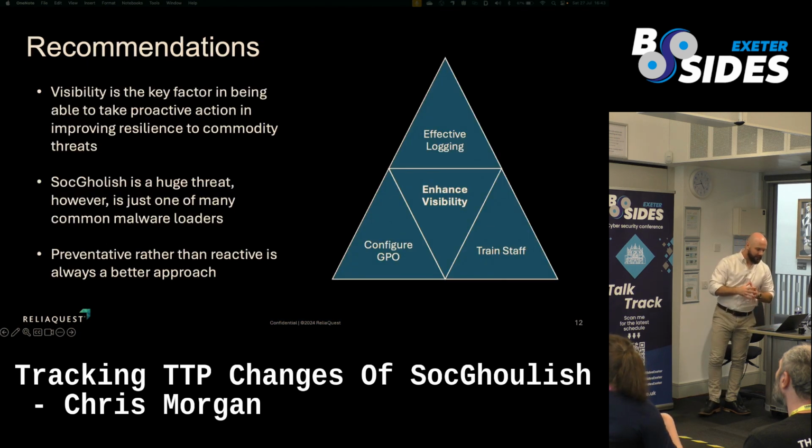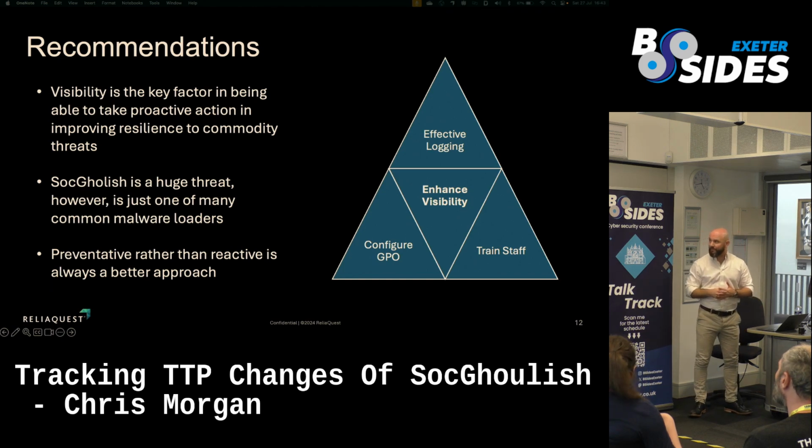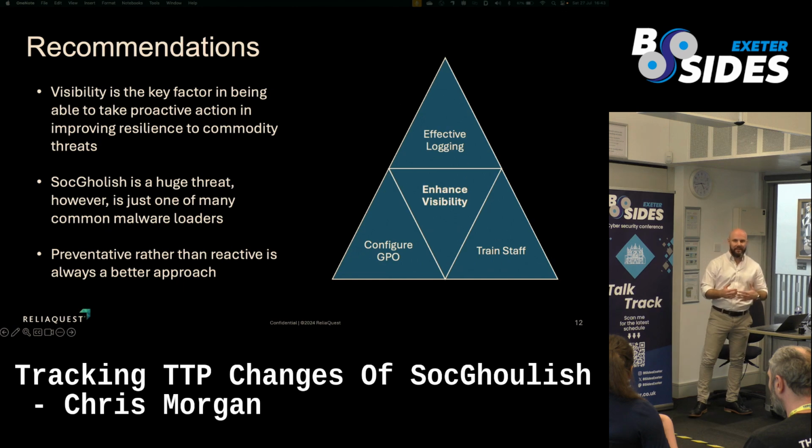So recommendations, realistically, I could put up so much here, but I kind of thought, enhancing visibility is the key point. You can't protect what you don't know exists. So just making sure you've got adequate visibility of all your endpoints. Events like process execution, registry modification, these are a good place to start.